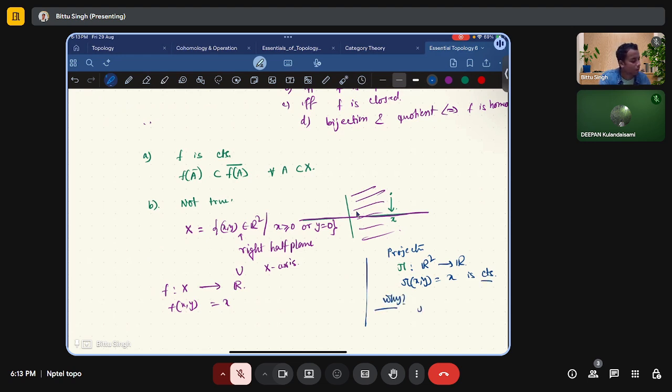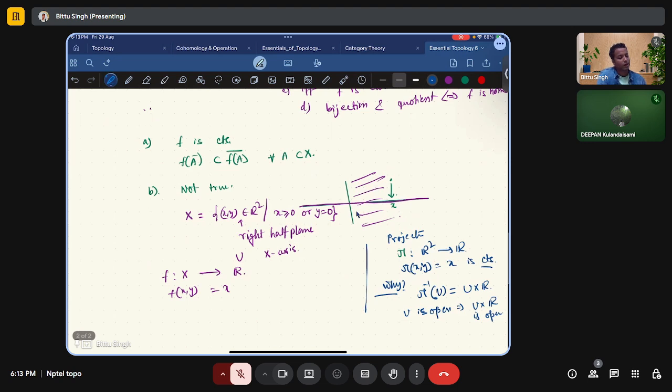Because pi inverse of some U is actually U cross R. So if U is open, this will imply U cross R, that is pi inverse of U, is open. So pi is continuous. And now f is nothing but this map restricted to this domain, right?